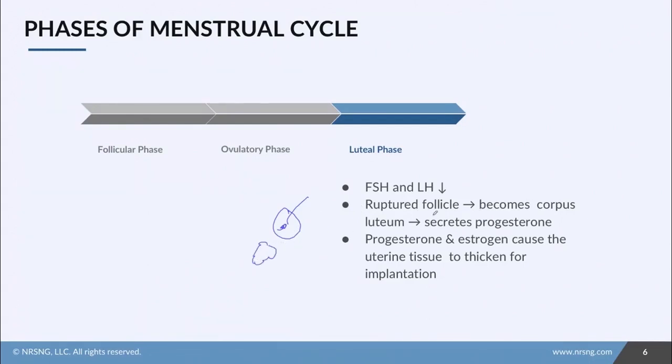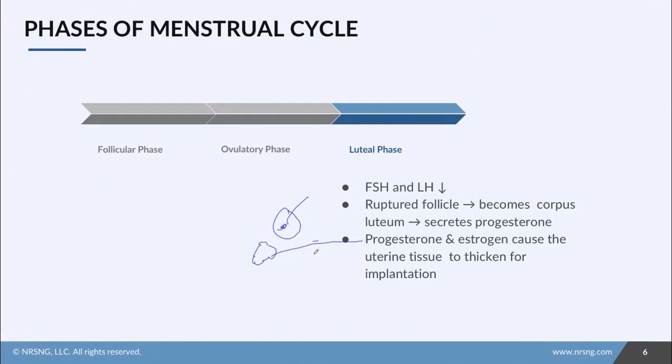Okay, so that corpus luteum is secreting progesterone. So progesterone and estrogen are going to cause the uterine tissue to thicken for implantation, and that's what I mean when I say it's going to get ready. So progesterone and estrogen are going to cause it to thicken, and we're going to have an increased blood vascularity to help with implantation.